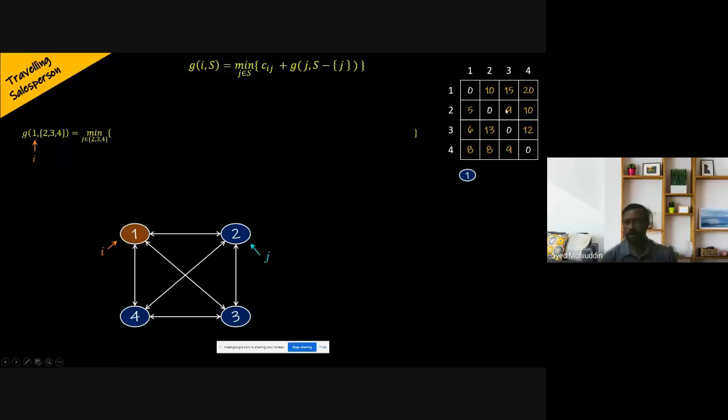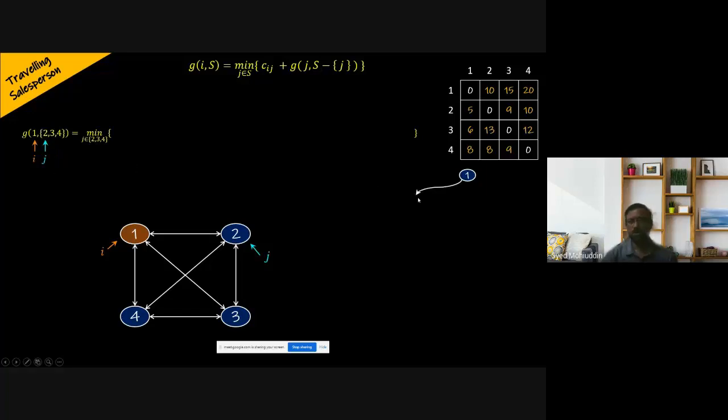Just below the adjacency matrix, I'm creating a tree of how the path can be accomplished. Now j starts from 2, because each j has to be taken. J belongs to the set 2, 3, 4. So first we consider j as 2.